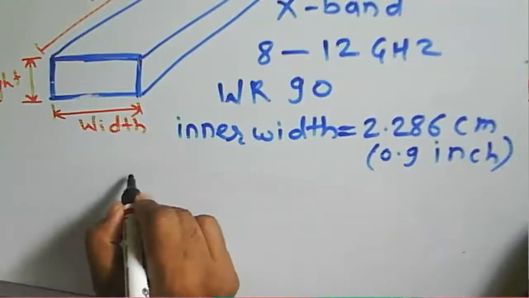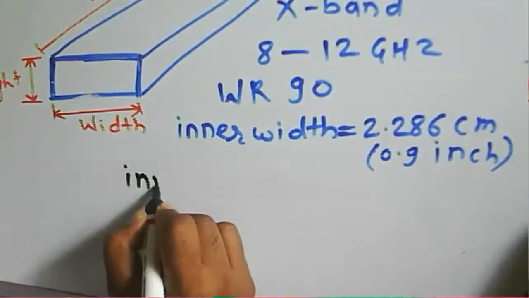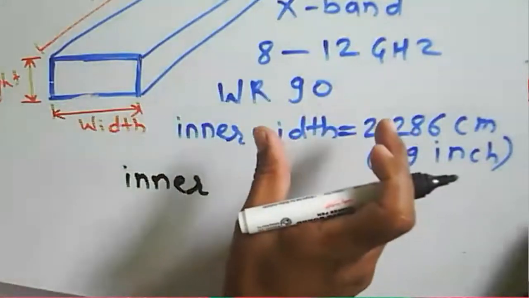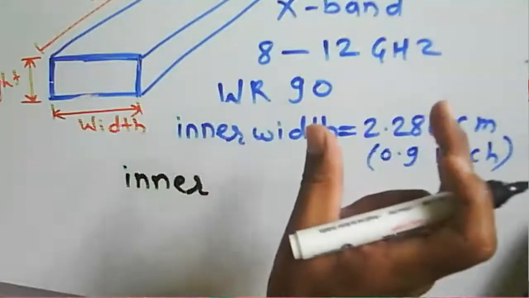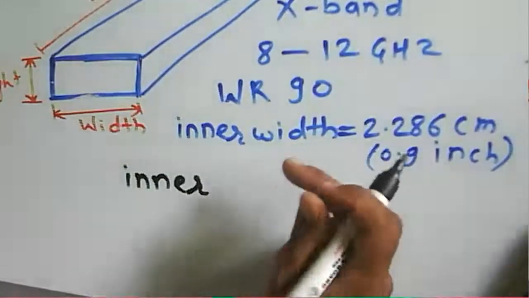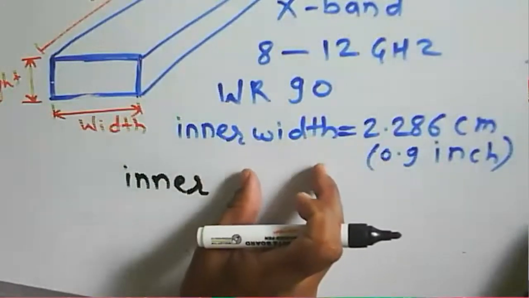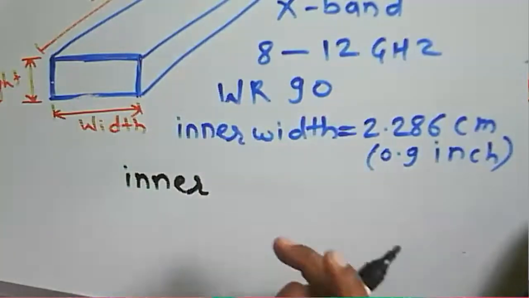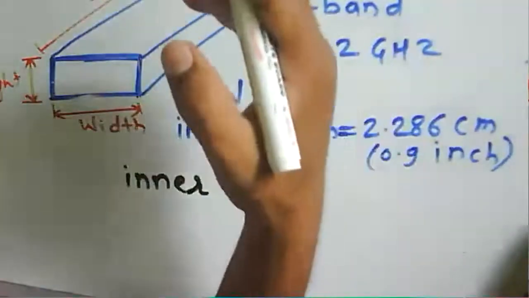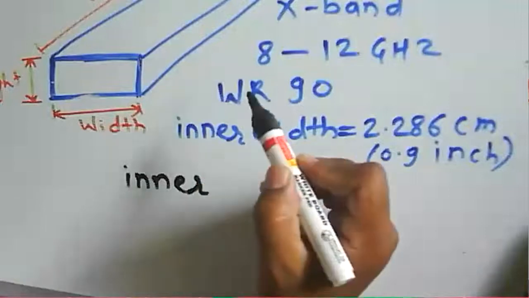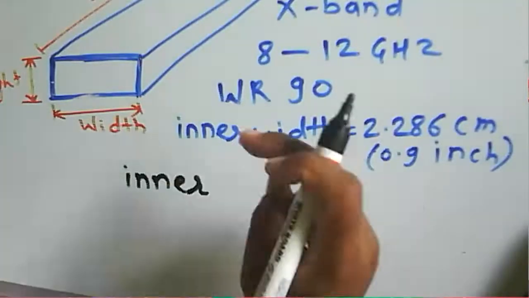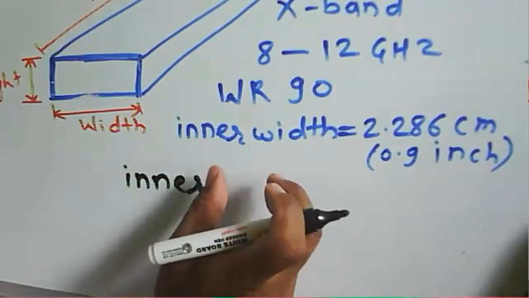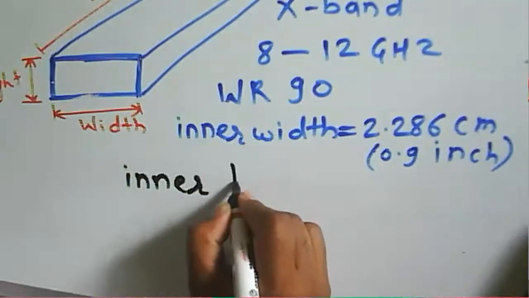For different standards and different makes the outer width may change, but the inner width for WR90 is the same. The outer width depends on the particular manufacturer, but the inner width is fixed. So we'll talk about the inner width, and the inner height.